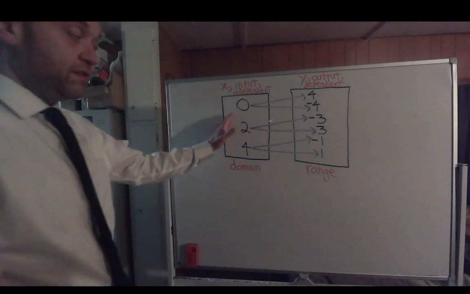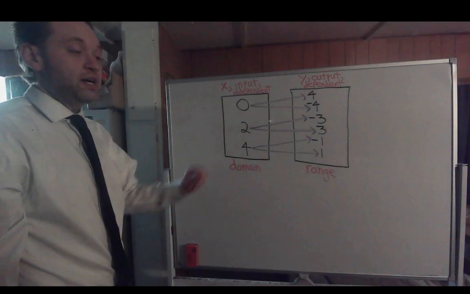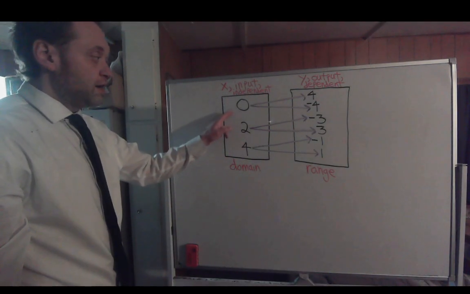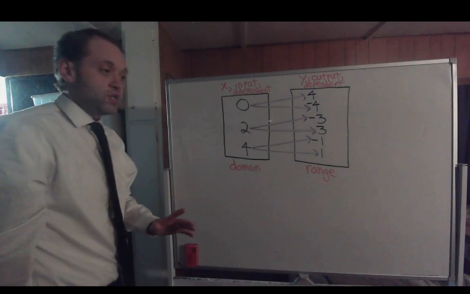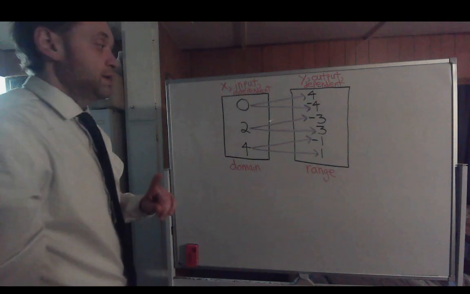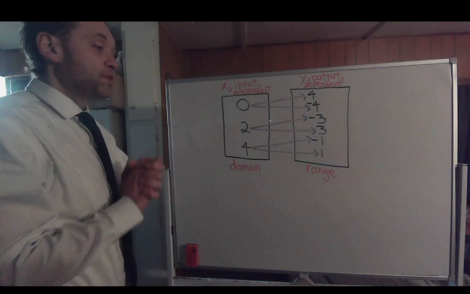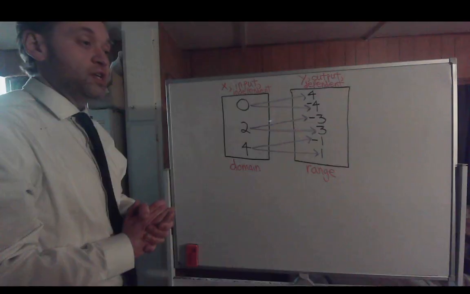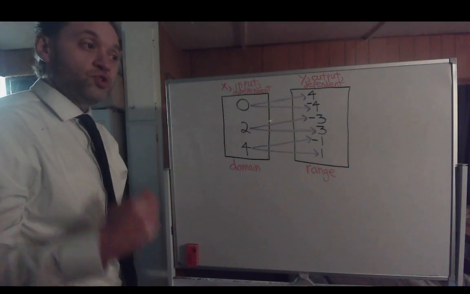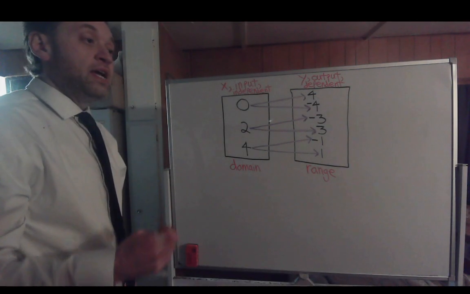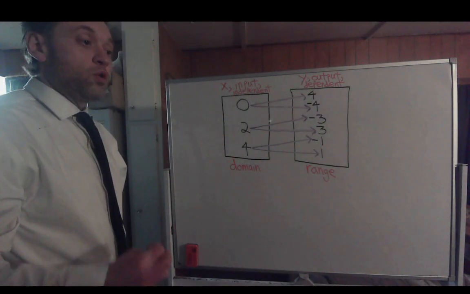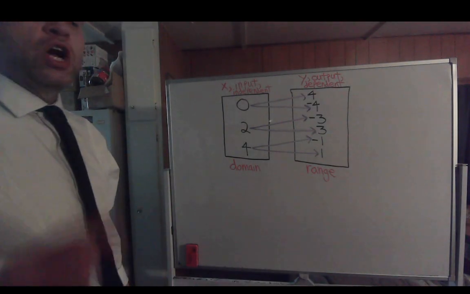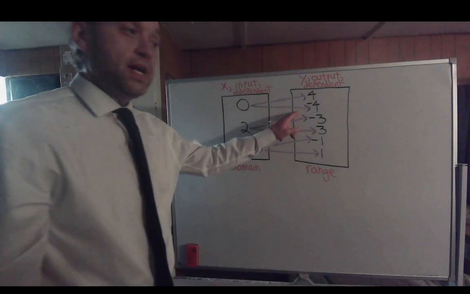So this is definitely a relation because each member of the domain corresponds with at least one member of the range. At least one. However, a function is a special type of relation in which each member of the domain corresponds to one and only one member of the range.